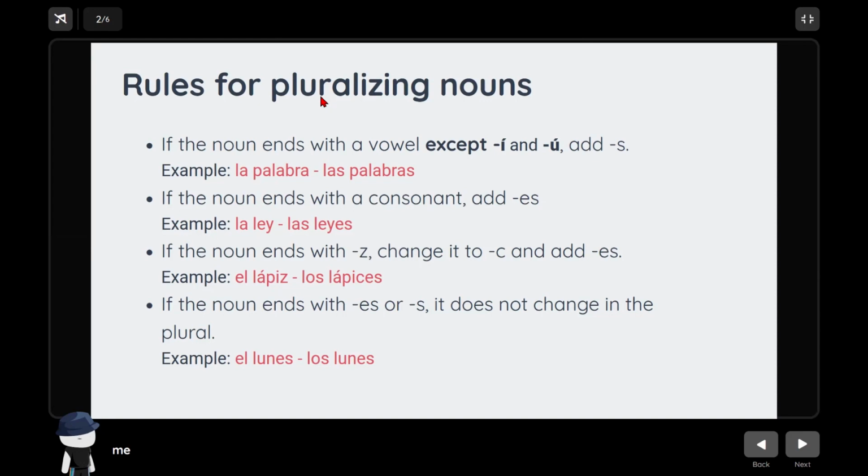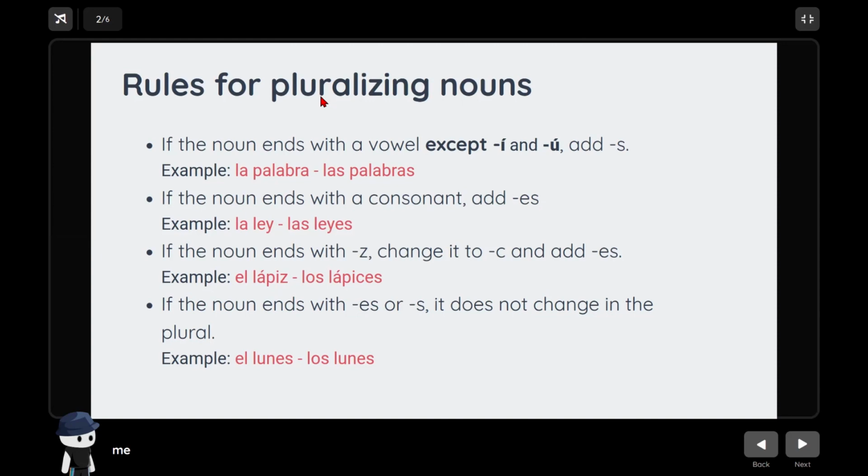Now, for the third rule, if the noun ends with a Z, change it to a C and add ES. It might seem long-winded, but it's pretty simple when you break it down. We have the word el lápiz. El lápiz means pen.